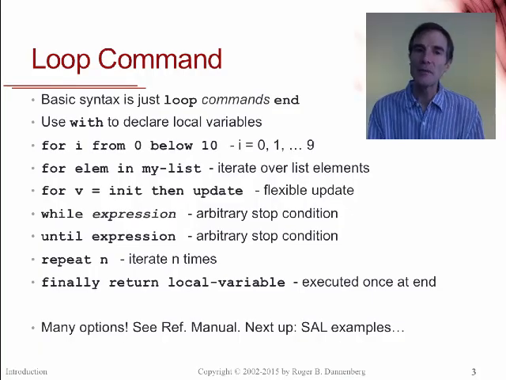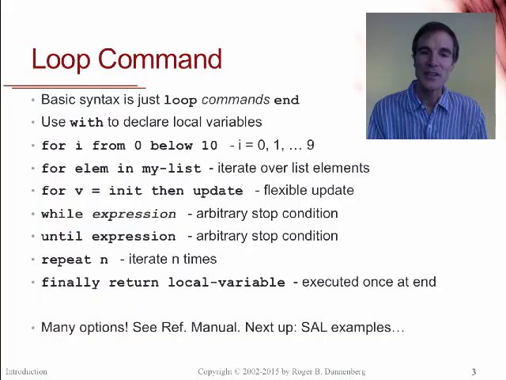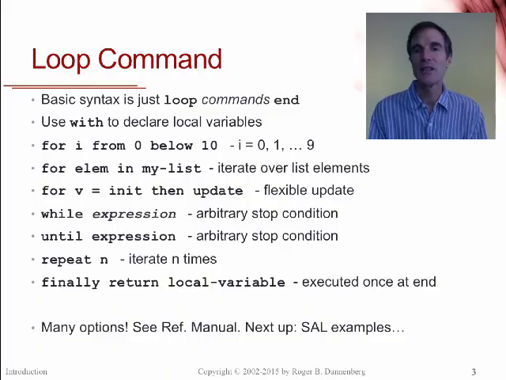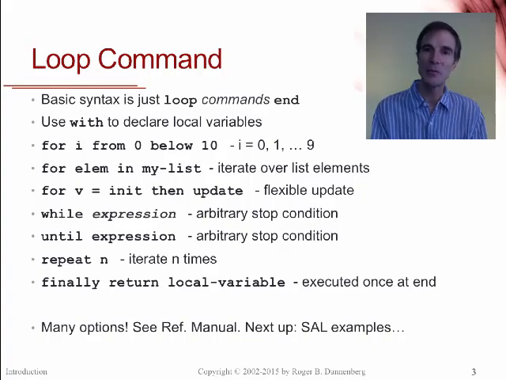So there are a lot of options here, and my advice is keep it simple and always consult the reference manual, which has a section that lists all of these different loop options, because even I forget some of the details, and you just need to be aware of what they are and be able to look them up.